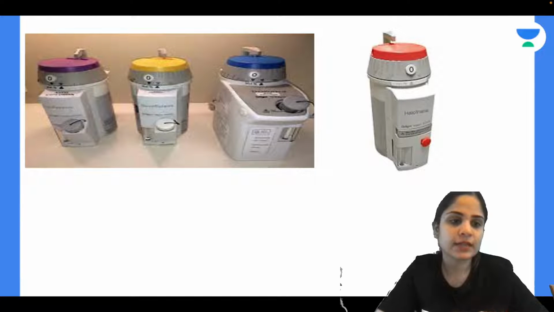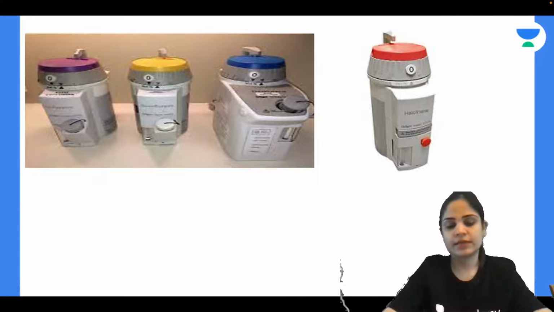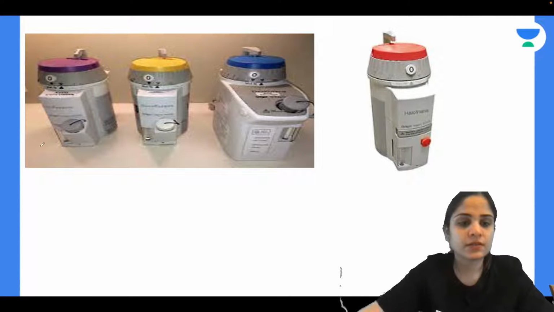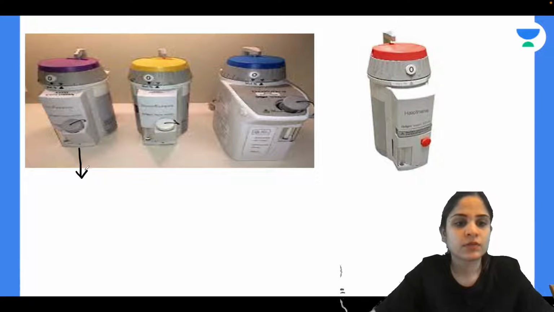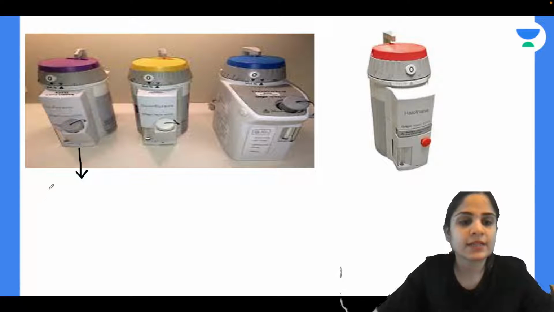That's why we prefer it in eclampsia. Okay, very good. So the first anesthetic agent that we have over here is isoflurane. Correct?